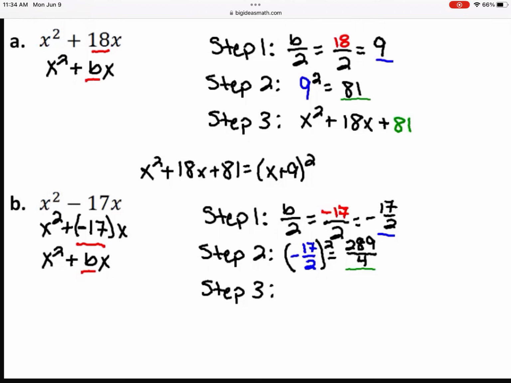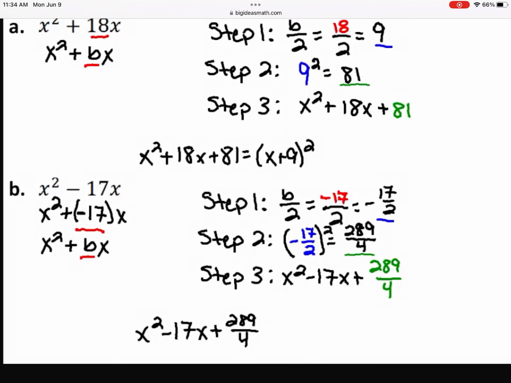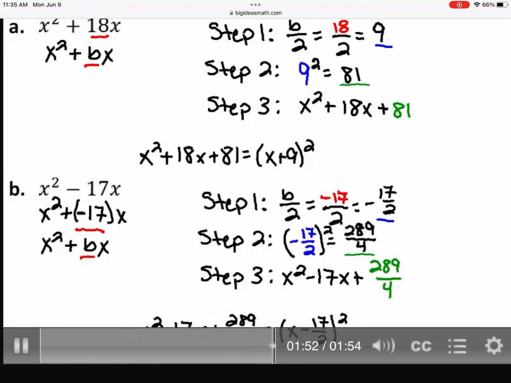Because x squared plus bx is x squared minus 17x, you have x squared minus 17x plus 289 fourths. So completing the square for this expression results in x squared minus 17x plus 289 fourths, which is a perfect square trinomial and factors as the quantity x minus 17 halves squared.